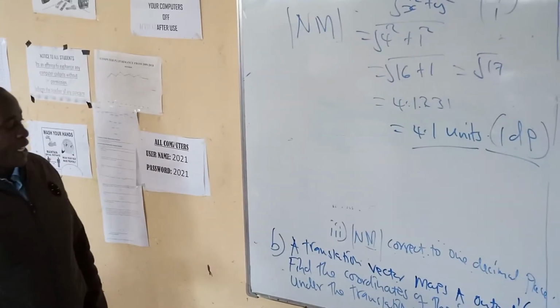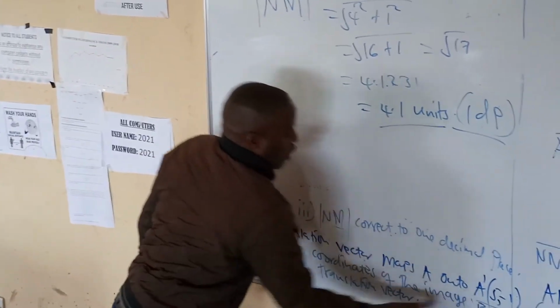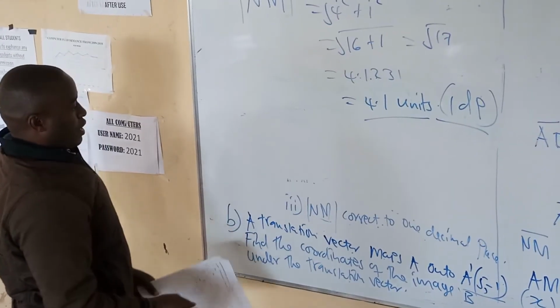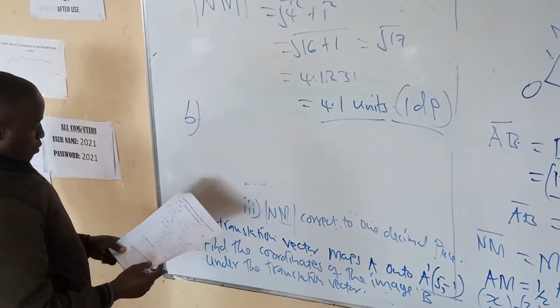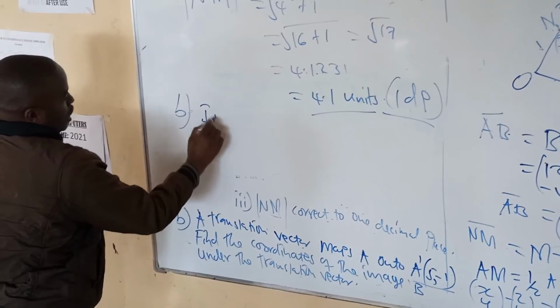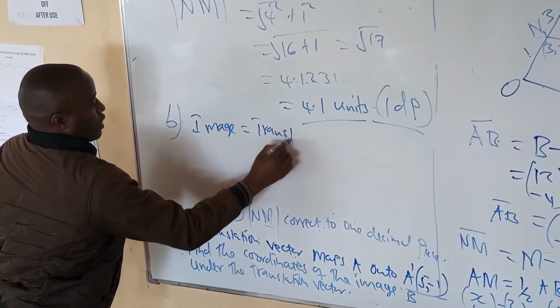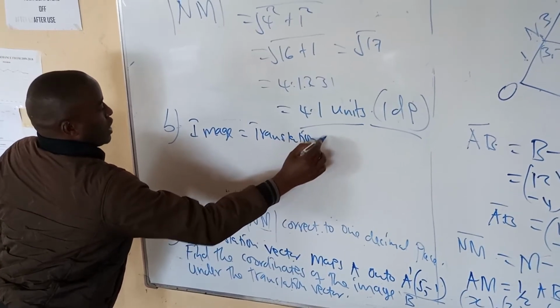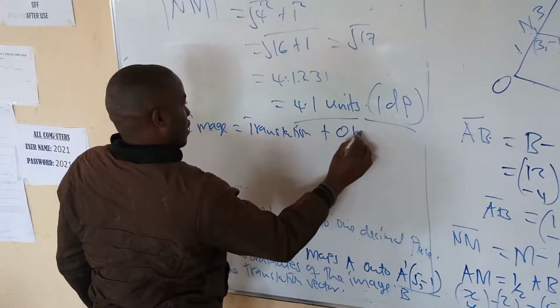A translation vector maps A onto A image (5, -1). So you only need to know a formula: image equals translation plus object.